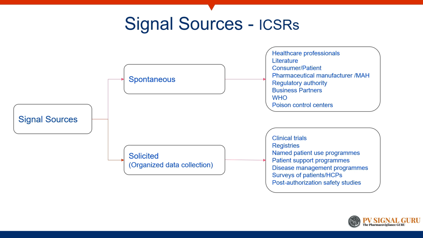By understanding these sources, you can better identify and evaluate signals, whether you are working with spontaneous reports or organized data collection systems. This knowledge is essential for ensuring robust pharmacovigilance practices.